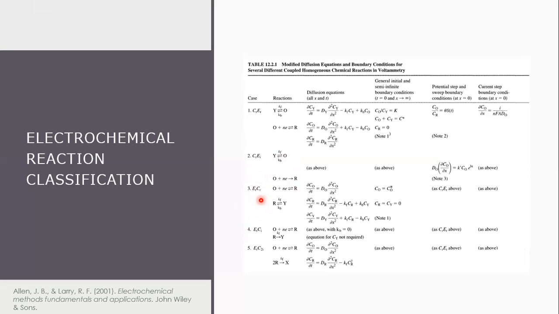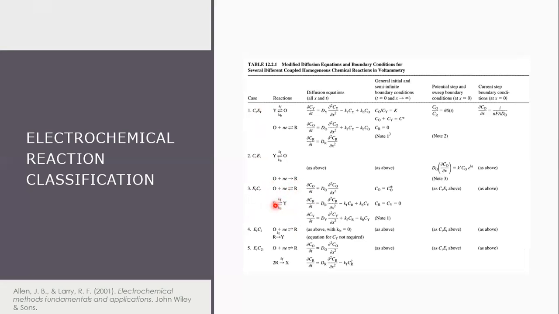And the third case, I think the font is very small, is where the electrode reaction occurs first and it's reversible, and then your coupled reaction occurs and it's also reversible. Both are reversible. It's very similar to the previous one, but this time the reaction at your electrode occurs first, and then your coupled reaction occurs.